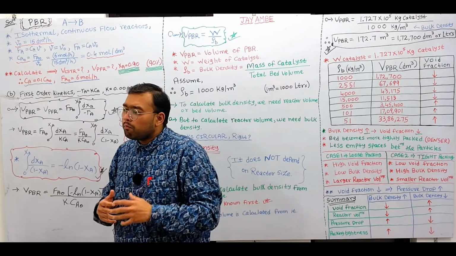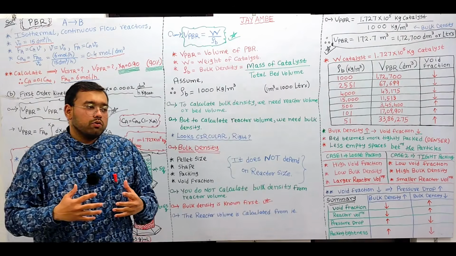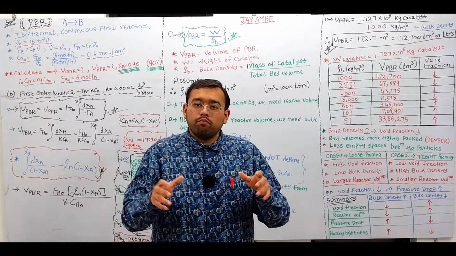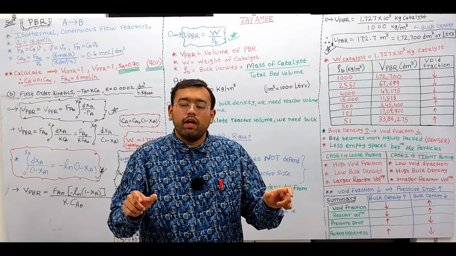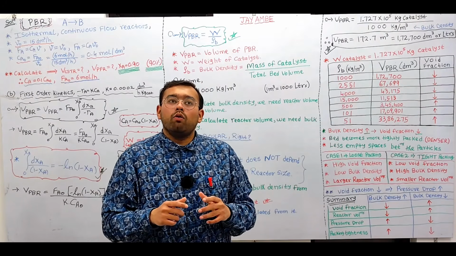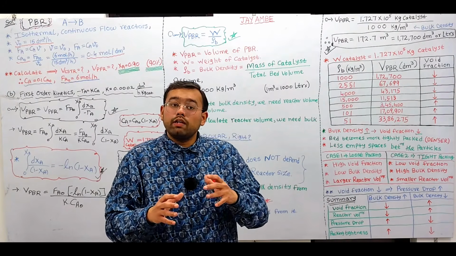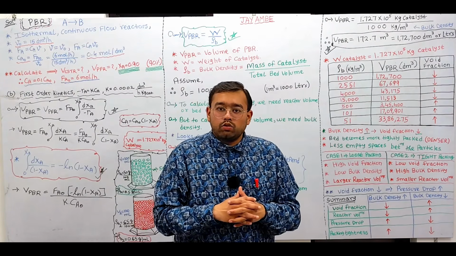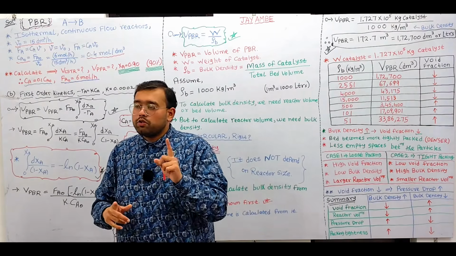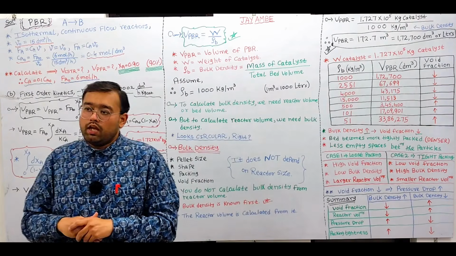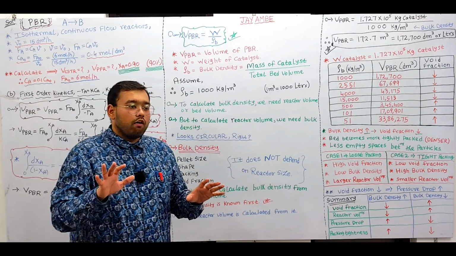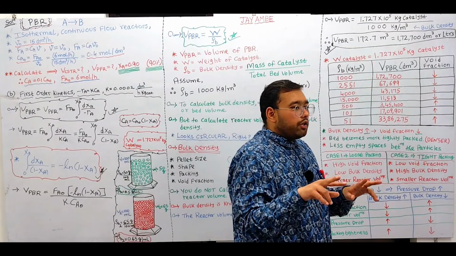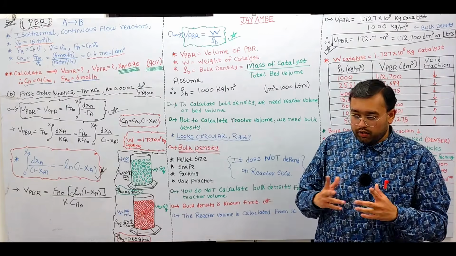By keeping the same dimensions of both reactors, PFR and Packed Bed Reactor, how will I design the volume of the Packed Bed Reactor? The first approach is, if we keep the same dimensions of both reactors, PFR and Packed Bed Reactor, both are hollow tubular reactors.